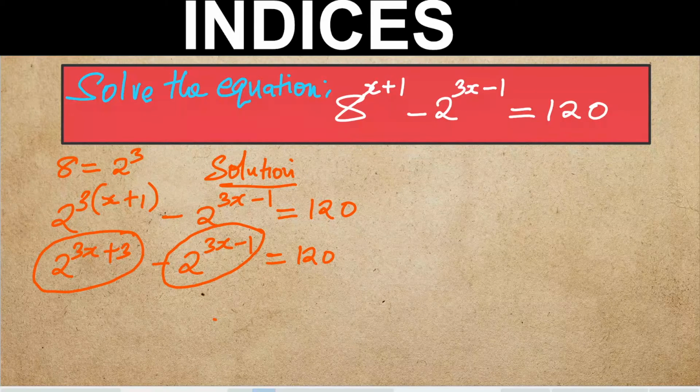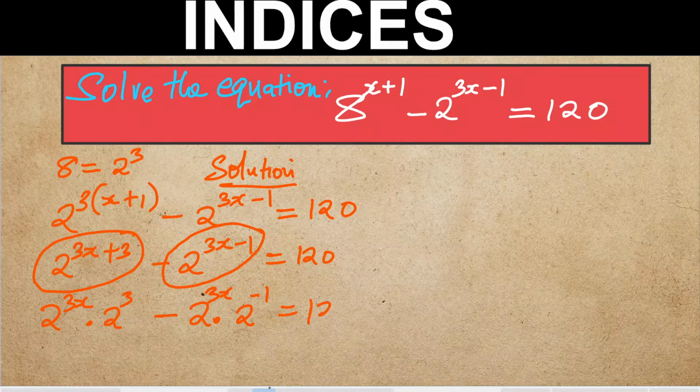When you split 2 power 3x plus 3, you will get 2 power 3x multiplied by 2 raised to power 3. Then when you split 2 to power 3x minus 1, you get 2 to power 3x, then multiplied by 2 to power negative 1, is equal to 120.